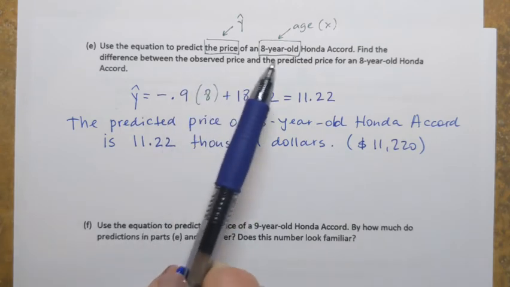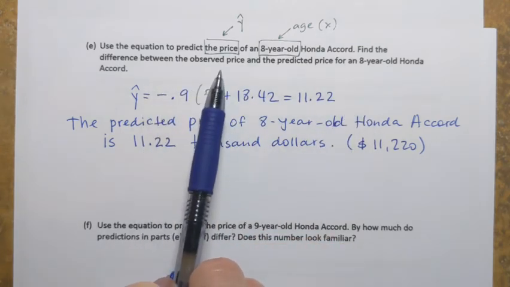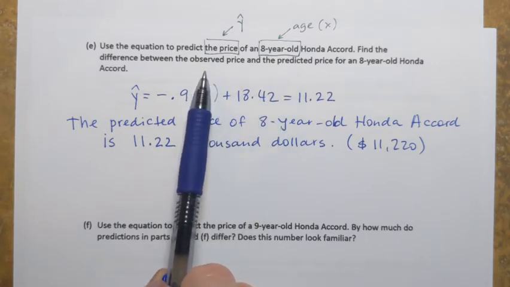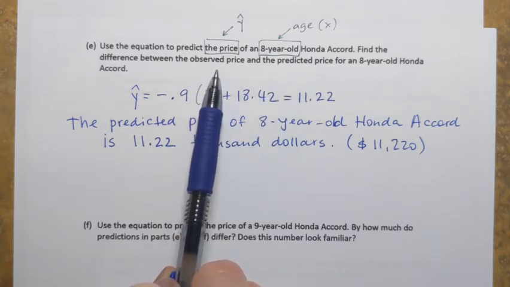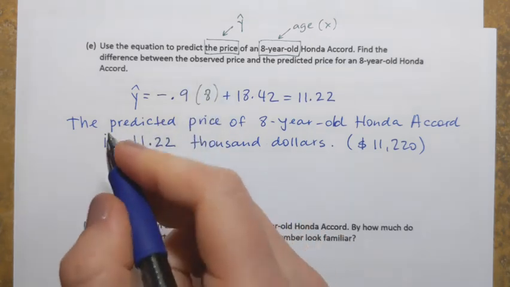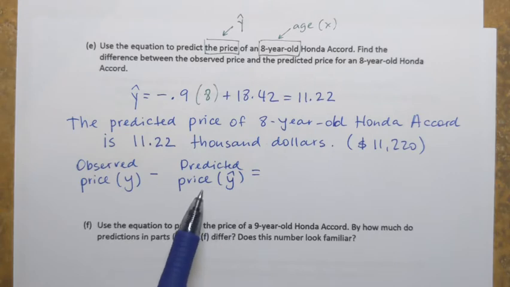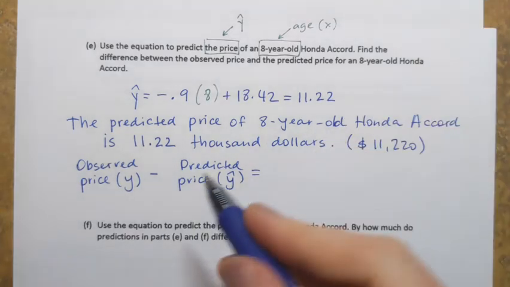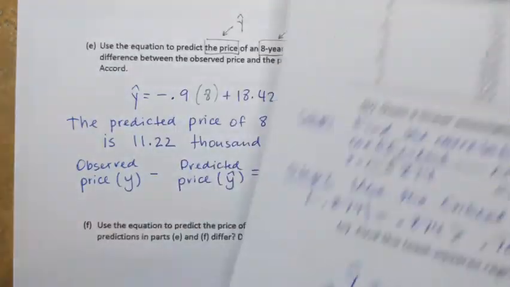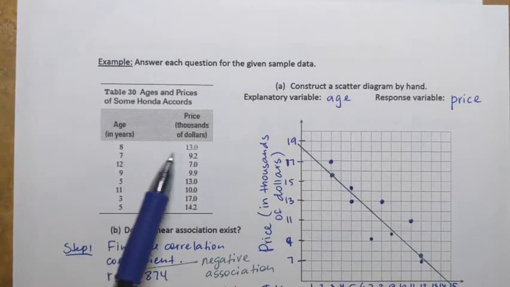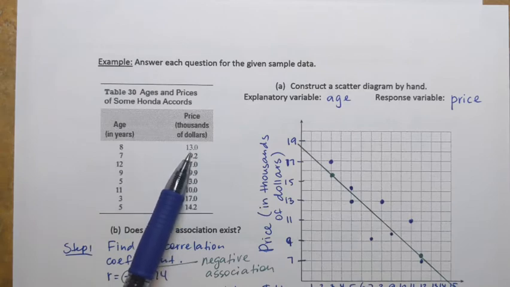Let's answer the second part. It says find the difference between the observed price and predicted price. The observed price is the one that we have in our data set in the table. So observed price minus the predicted price, y hat. For the 8-year-old Honda Accord, we have the price in the data set: $13,000.